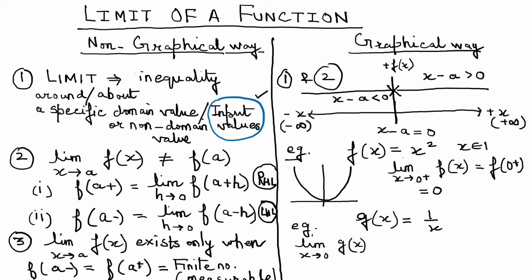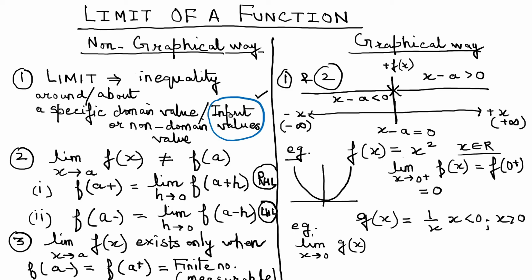Here the domain of the function is real numbers. In this case, the domain of the function is x less than 0 and x greater than 0, which makes it easier to approach the question now, because since x is not equal to 0, we can only talk about the limit around x is equal to 0.